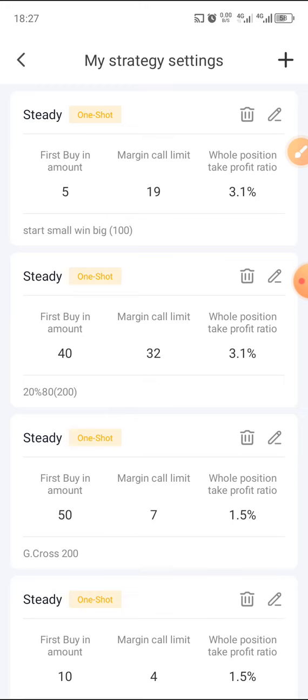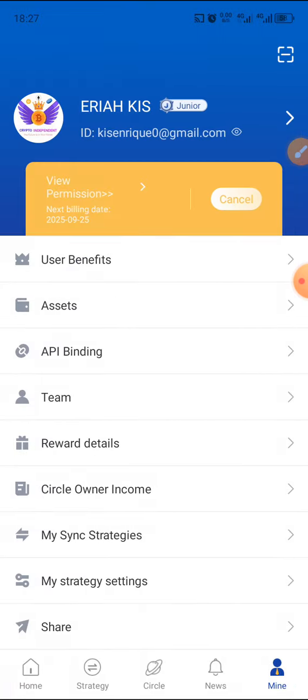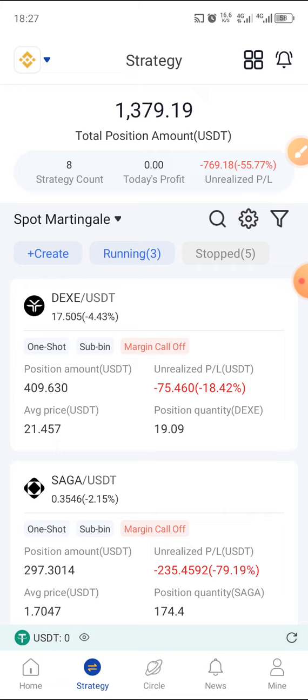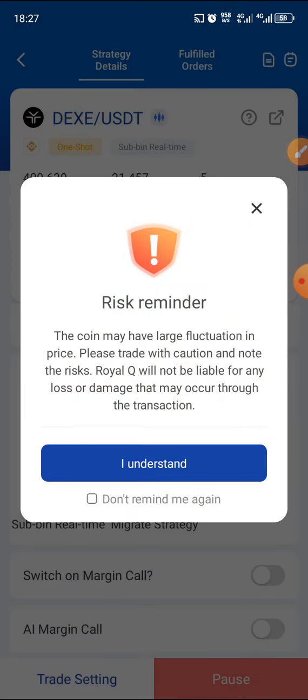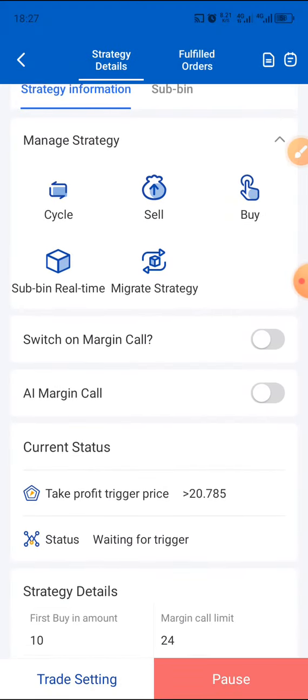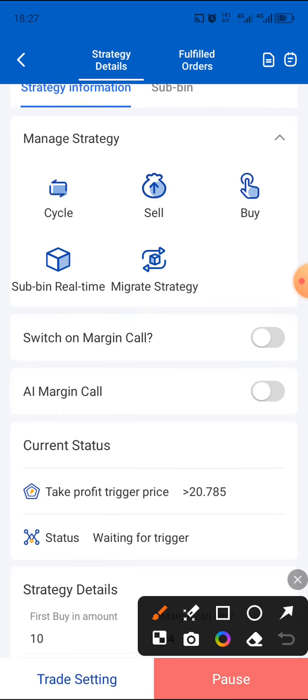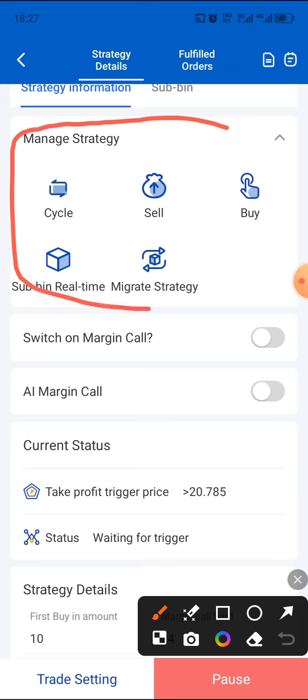This is how you are going to set your robot in order to get out of the market very fast, not to be caught up by floating loss. Look closely, guys. When you open any coin, for instance, let me open this, you come on strategy management.